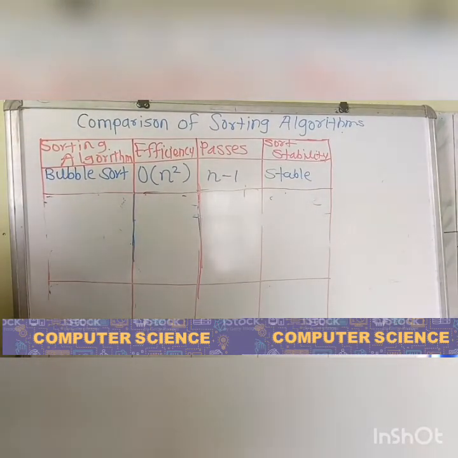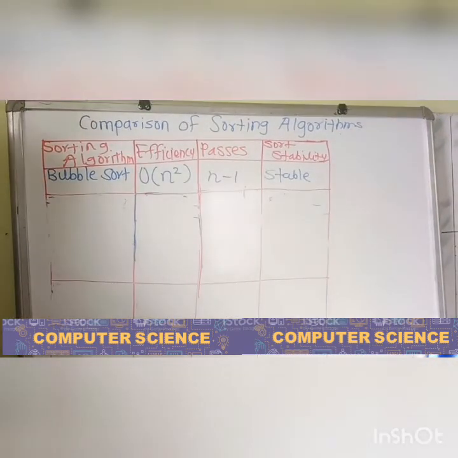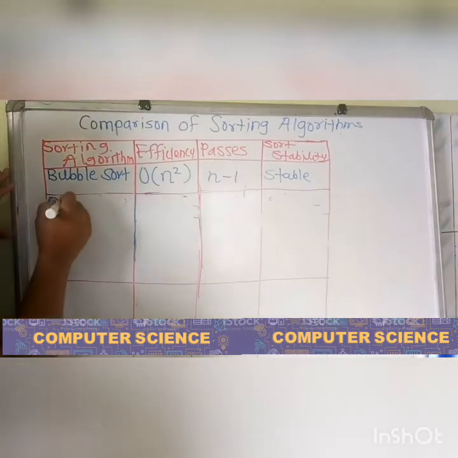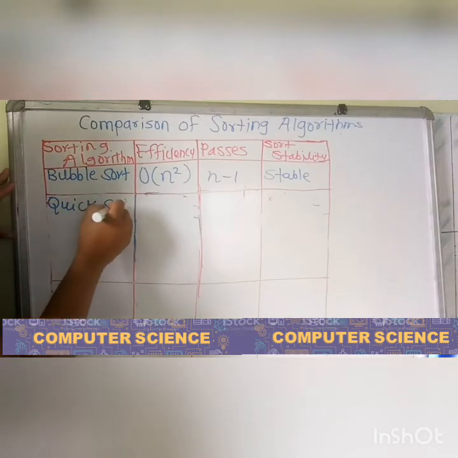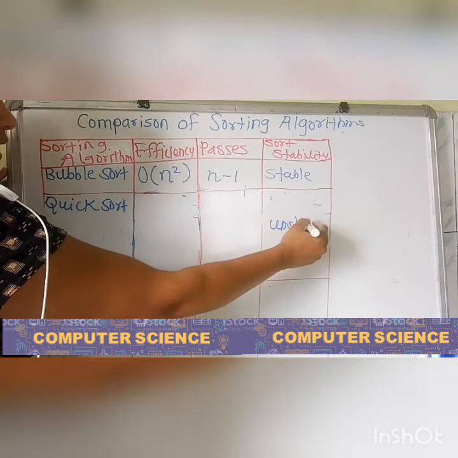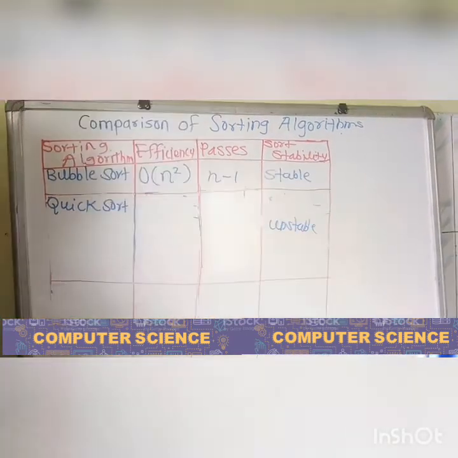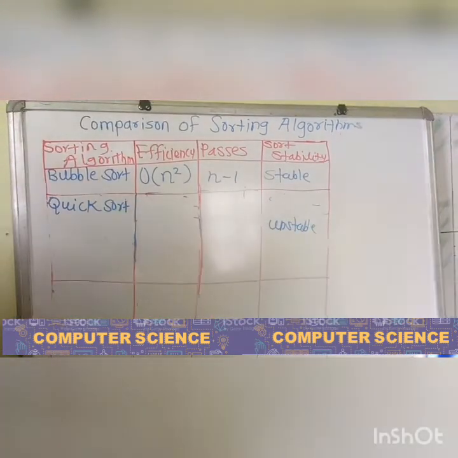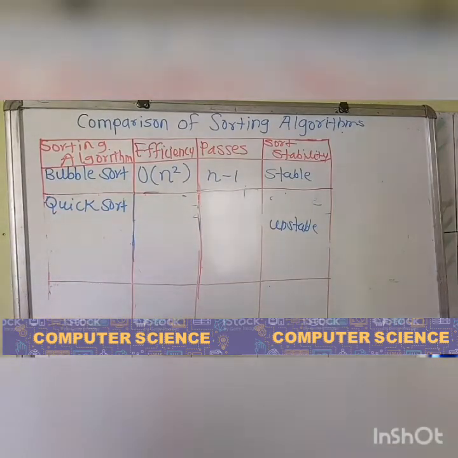Now talking about the quick sort, it is one of the unstable sorting algorithms. Why is it termed an unstable sorting algorithm?